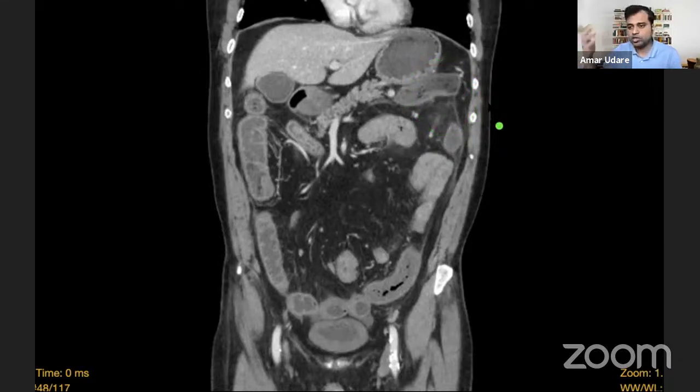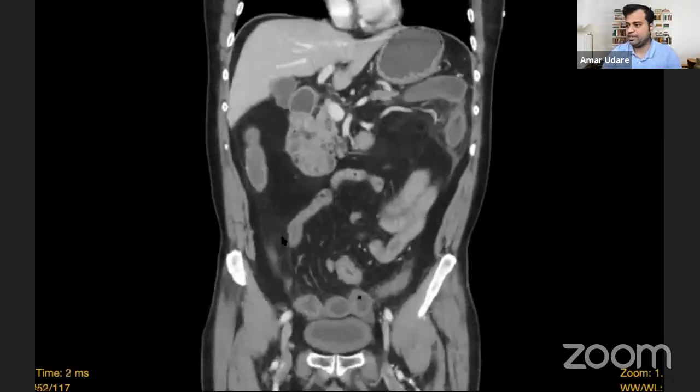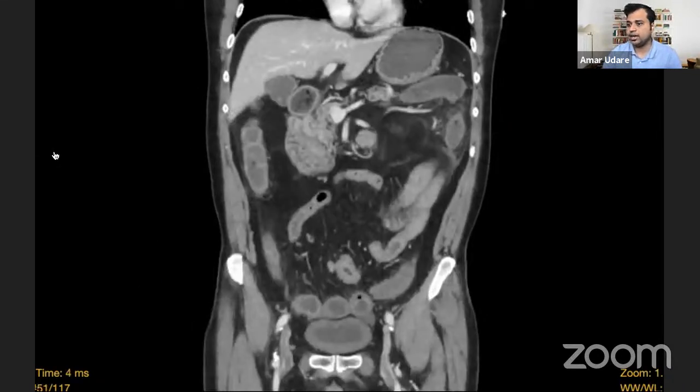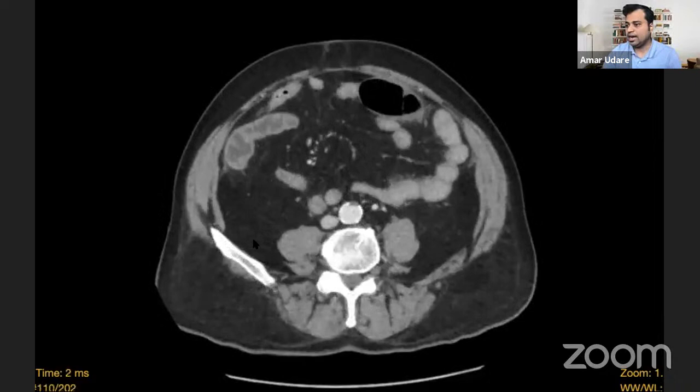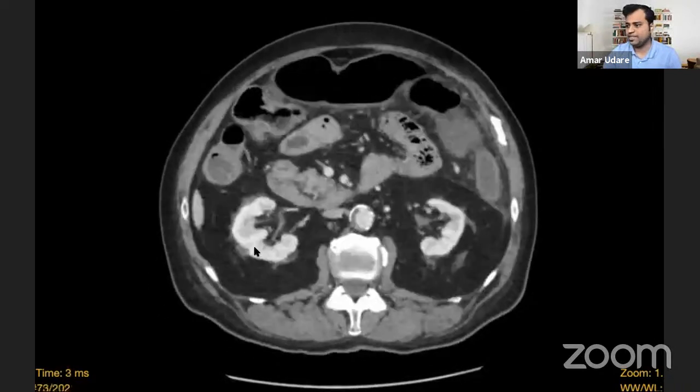Non-occlusive mesenteric ischemia, just like infarcts in the brain, which you see at the junction of the gray-white matter because that's a watershed territory. So remember, this is also a watershed territory in the abdomen and a common site for non-occlusive mesenteric ischemia. So that was a case of non-occlusive mesenteric ischemia.